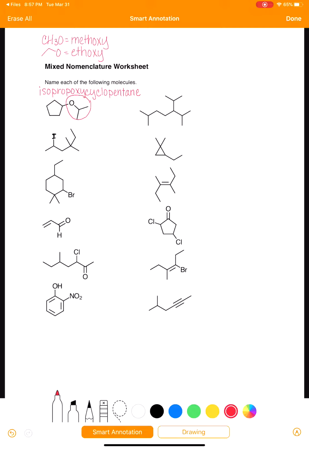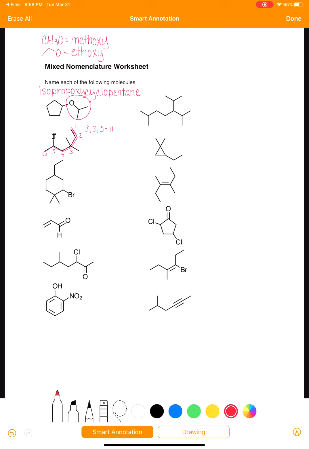I'm going to go down this column. Looks like my longest carbon chain is going to be this one right here. I want to come up with the smallest possible set of numbers, which I think is going to be from top to bottom. 1, 2, 3, 4, 5, 6. If I number that way, my numbers are going to be 3, 3, 5, which adds up to 11.